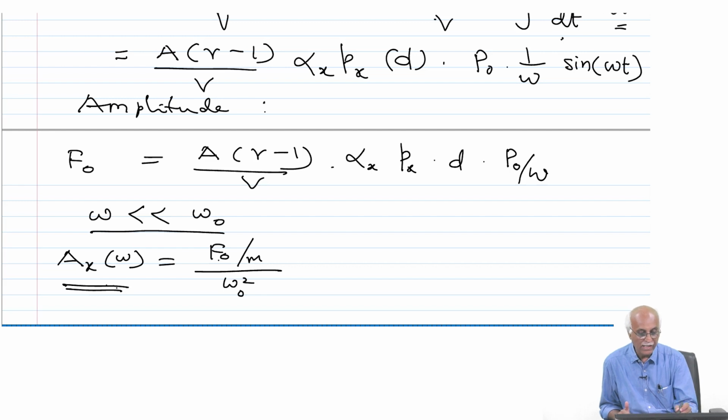Okay, so indirectly we can see that the displacement is proportional to the absorption parameter, it is proportional to the input power intensity of the light and how much it is getting absorbed. It is proportional to the partial pressure, so the concentration of the gas molecules.